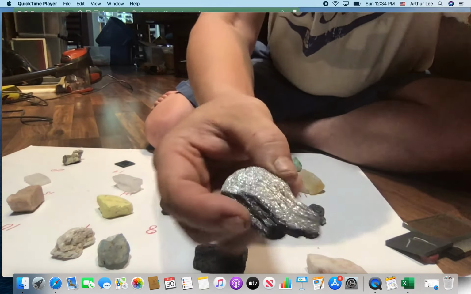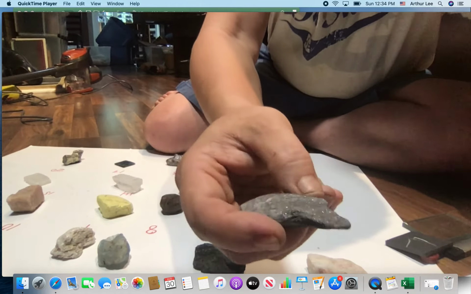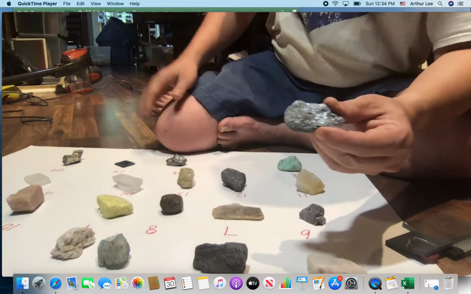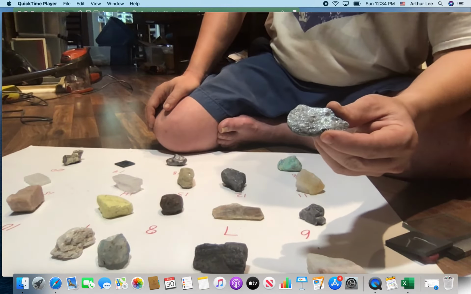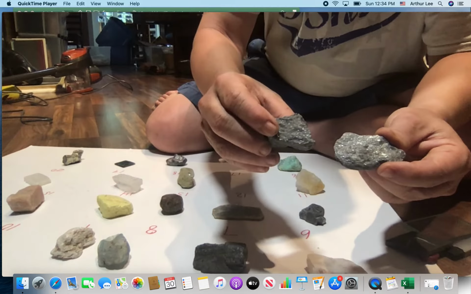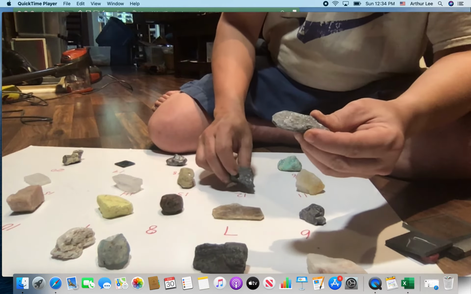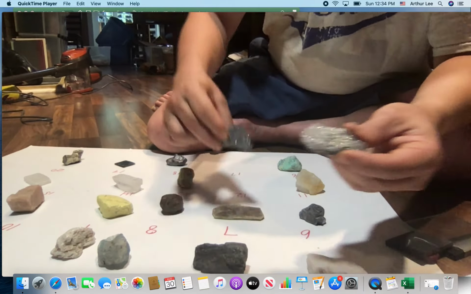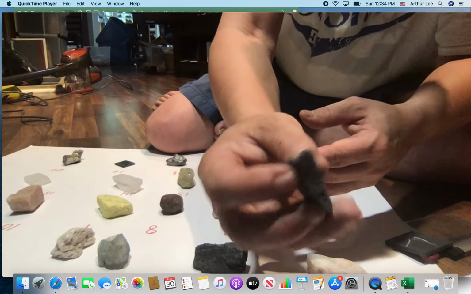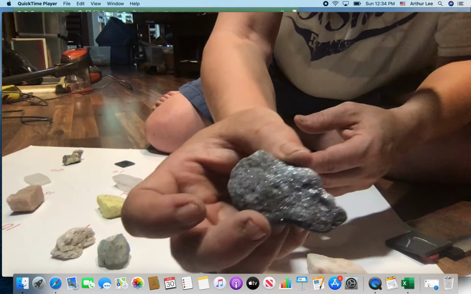Number 17. Looks like this. Now remember, if you just try and use photographs or Google this, you're not going to get it right on the test. This is number 17, and this is number 12. They look the same, don't they? This one, number 17, is different, though, even though it is also shiny.